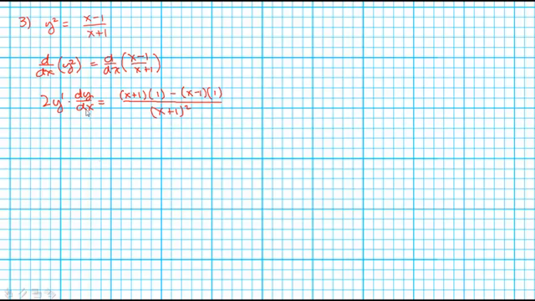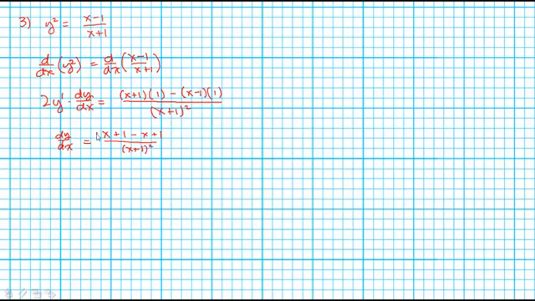Now since the dy/dx is already isolated, we will just divide both sides by 2y, giving us dy/dx is equal to x plus 1 minus x, plus 1. See if I did that. Negative x, negative times negative 1 is positive 1. Yep. All over x plus 1 squared.